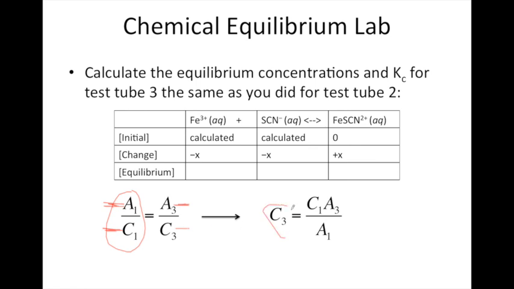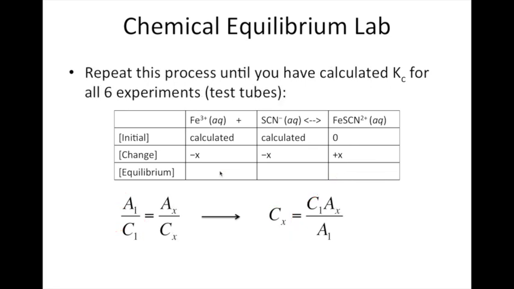And again, we solve in this case for C3, which is our equilibrium concentration of iron thiocyanate, and that's our X, and then we can calculate these. Okay. For the other test tubes, same formula, we just use A1 over C1 is equal to A, whatever test tube we're looking at, divided by C for whatever test tube we're looking at.